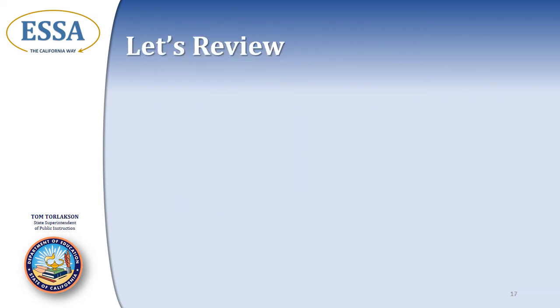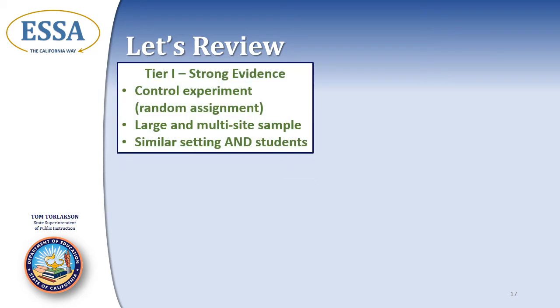Let's quickly review the differences between strong, moderate, and promising evidence. Strong evidence must have a control experiment with random assignment, a large and multi-site sample, and should be conducted in a similar setting and with similar students.